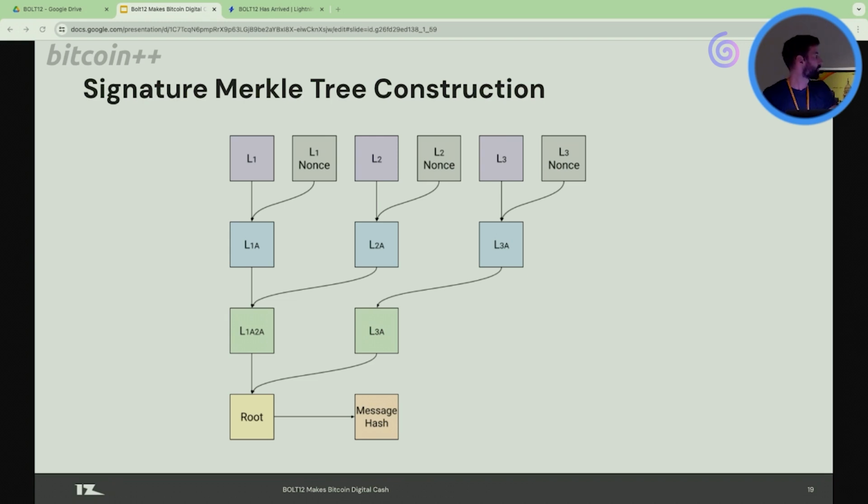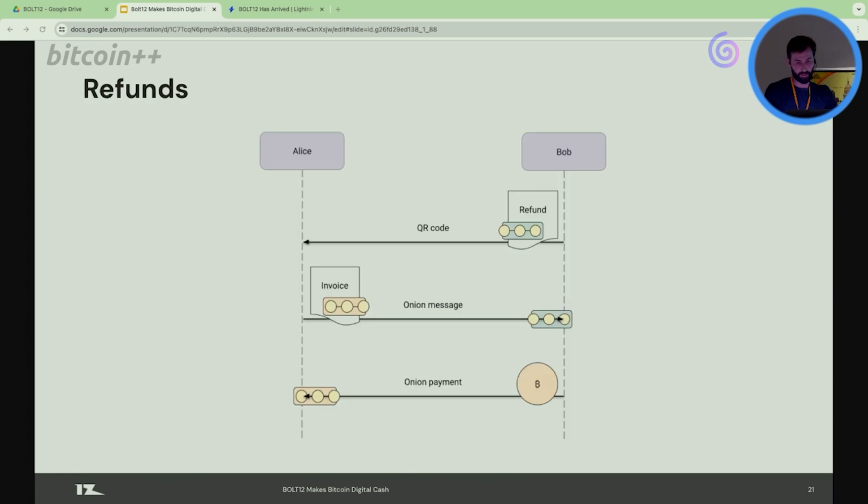All right, I have only a couple more minutes, so I'm going to have to keep moving. There are refunds inside of BOLT12 as well. A refund is essentially an offer without an invoice request, or an offer for money. If you pay an offer and you want to return the item, for instance, you may want a refund for that item. In this case, we have the same example with Bob having the offer before.